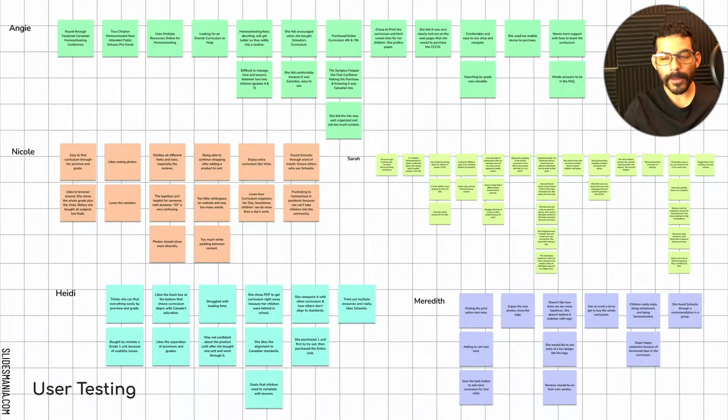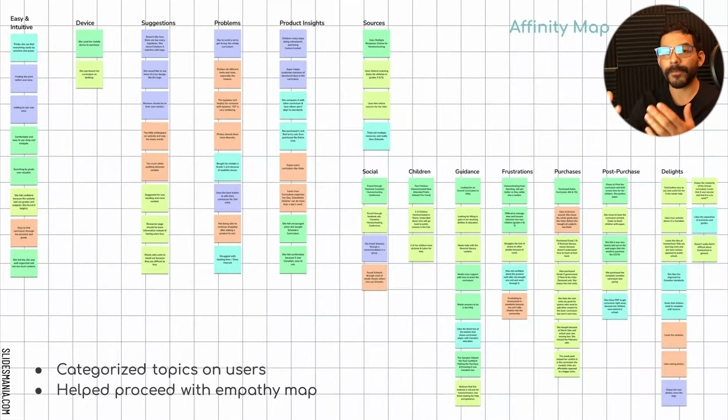From there, we were able to create an affinity map. It's basically all the points that were said by each user, categorized into topics. These topics were then created, organized, and categorized into one.